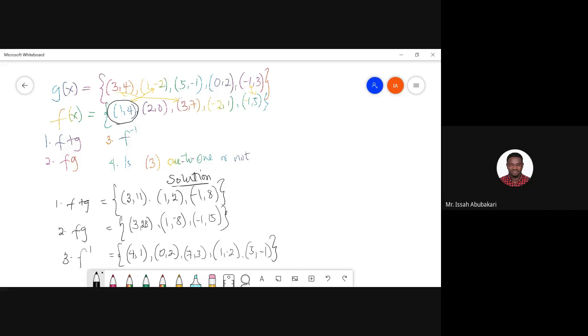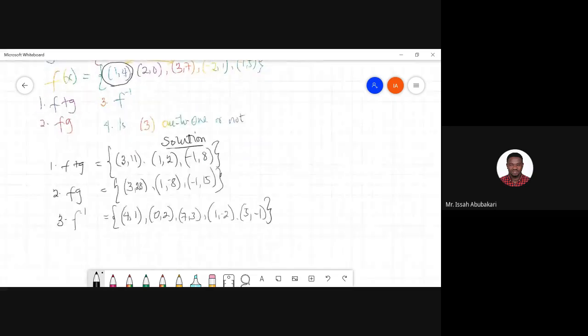The last question wants to know if the answer that we got in question 3 is a one-to-one function or not. And we said that a one-to-one function is when the domain does not have a repetition. When we do not have a repetition in the domain, then we can say that the function is what? One-to-one.